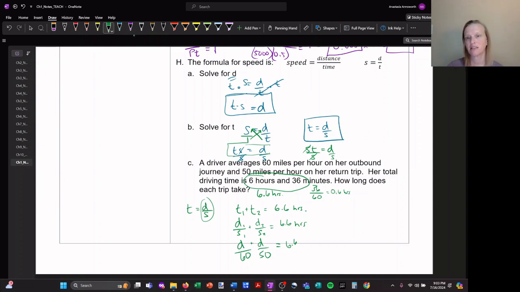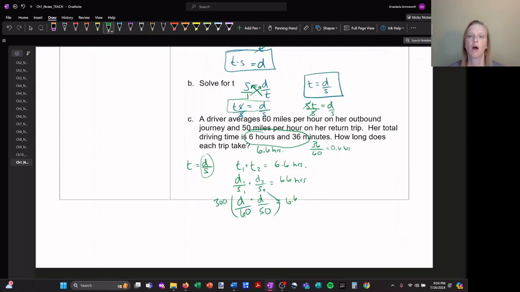So rather than adding these together, I'm going to use a strategy we used in a previous lesson, where I get rid of the fractions altogether by multiplying both sides of the equation by 300. 300 because it's the least common multiple of 50 and 60.